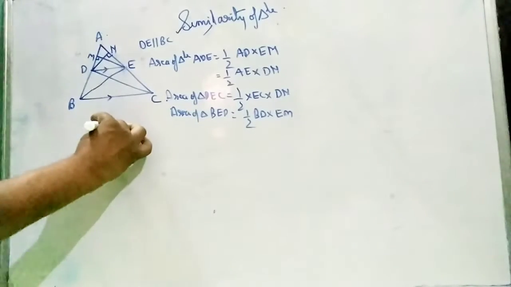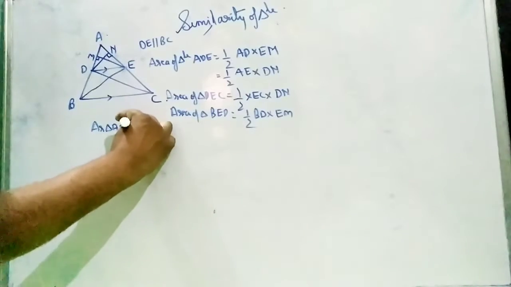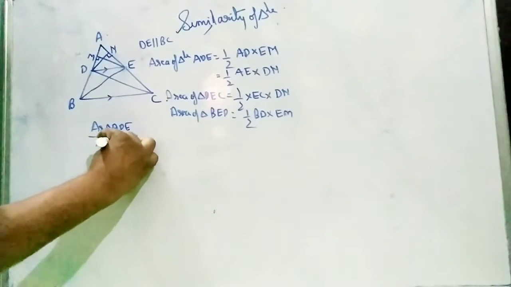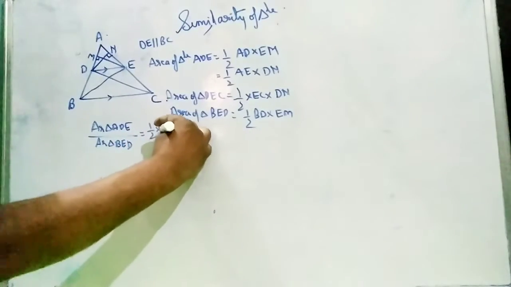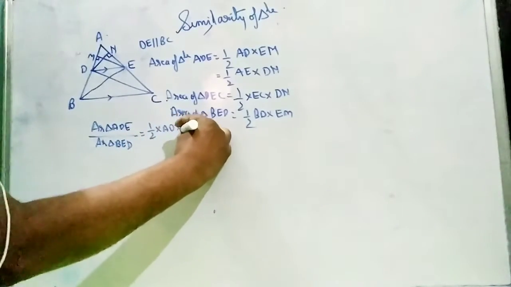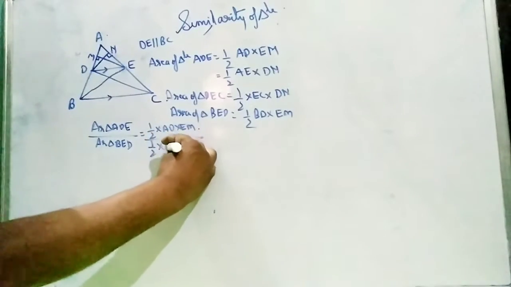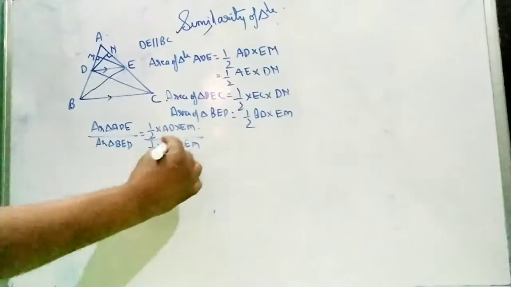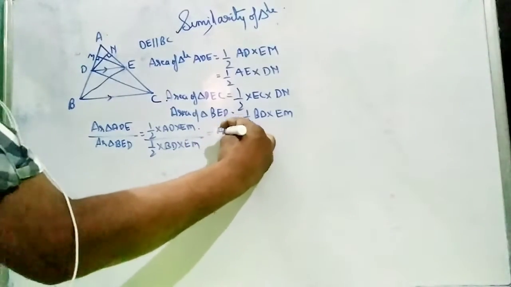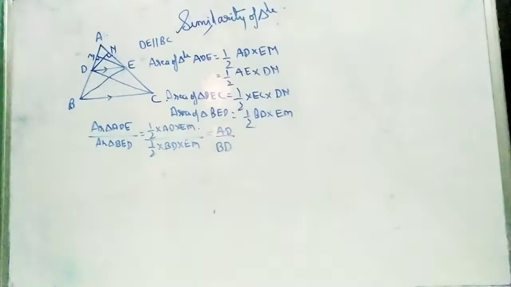Now we have to find area of triangle ADE upon area of triangle BED. It is half AD into EM whole upon half BD into EM. This is cancelled, so what is left? AD upon BD.